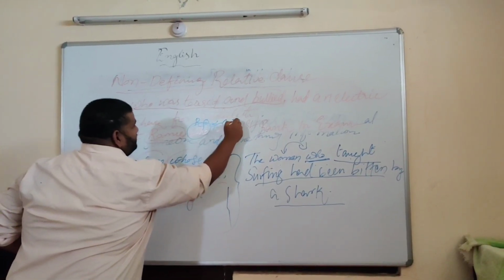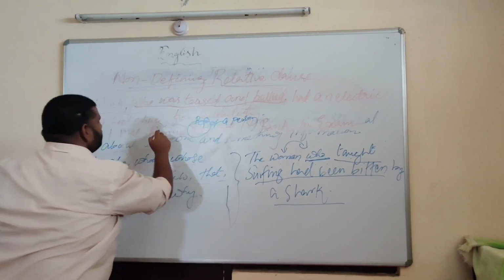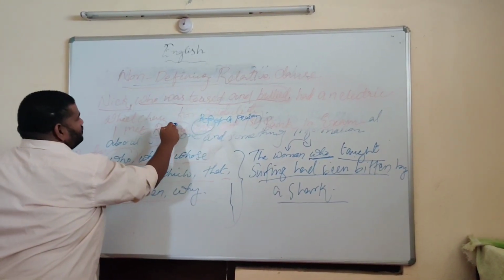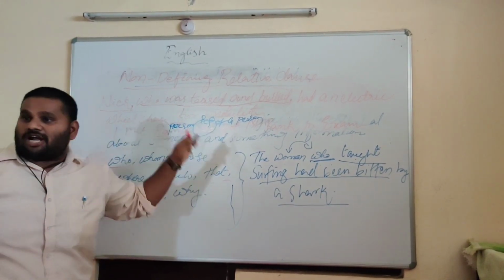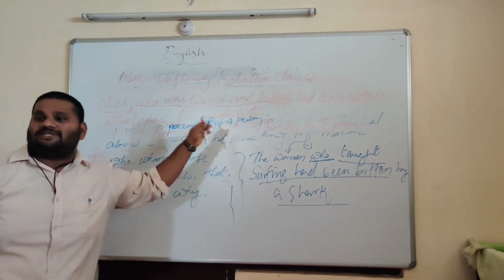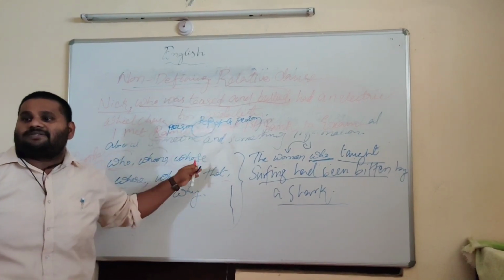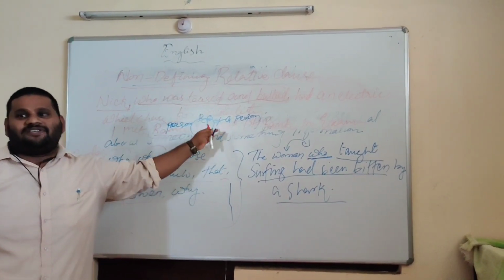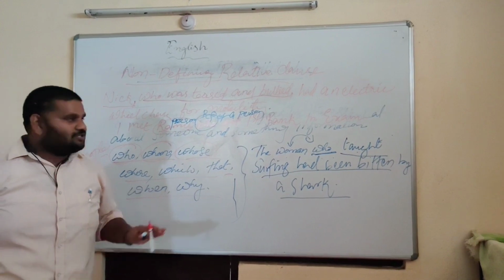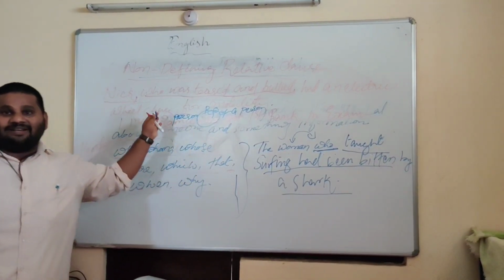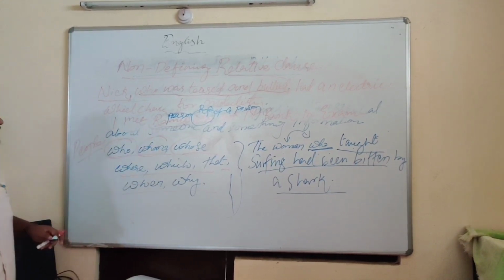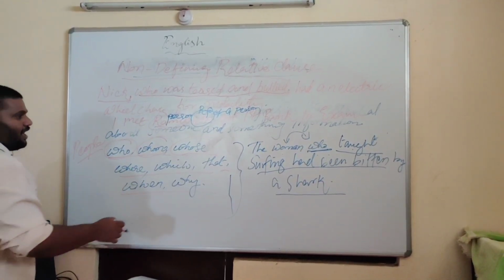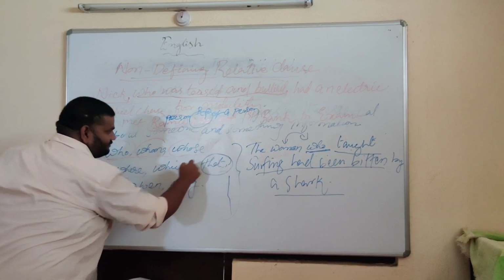So here we have to describe that: I met Ramu. Who was he? He was a person who achieved first rank in examinations. So this is the relative pronoun that we have to understand.